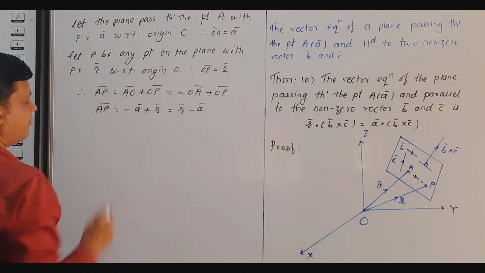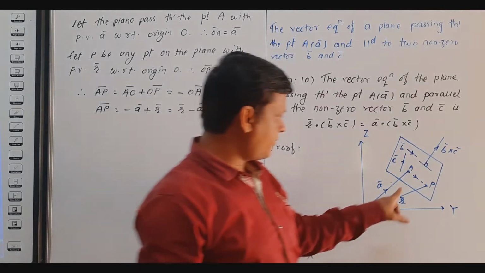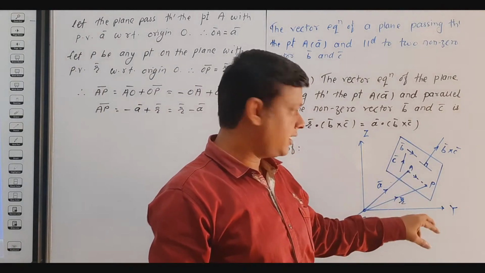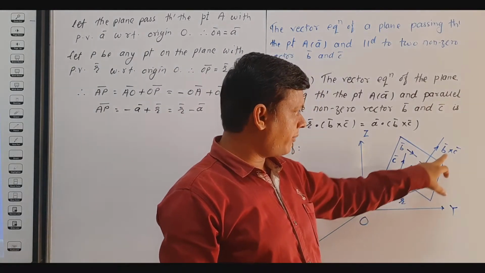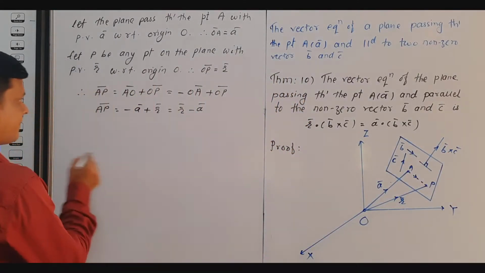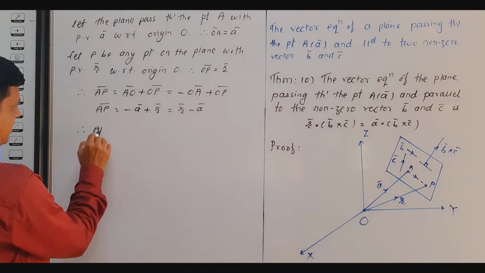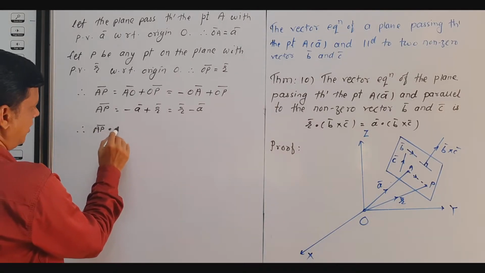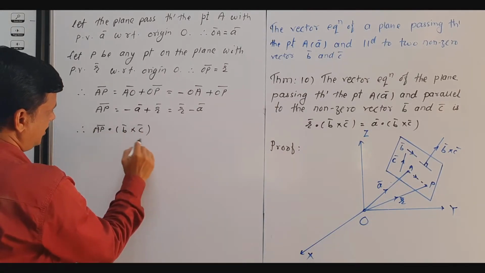This is vector AP. Now this vector AP lies on the plane, and this plane is perpendicular to this vector B cross C. So we write here, therefore vector AP dot B bar cross C bar is zero.